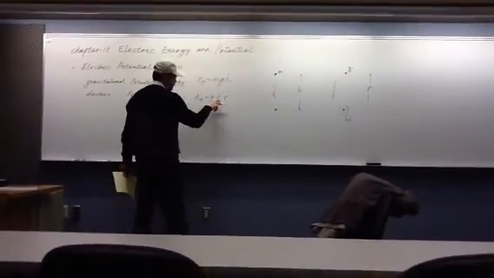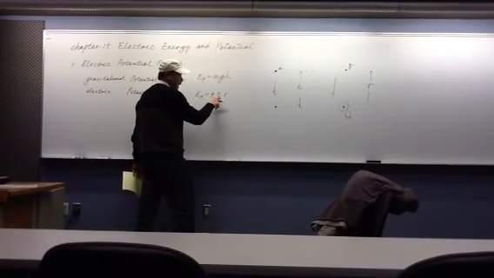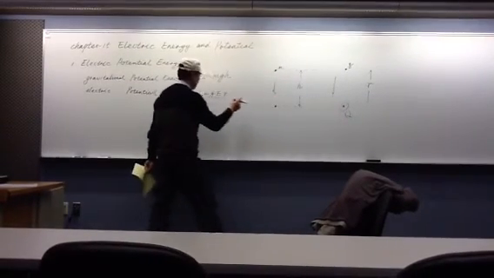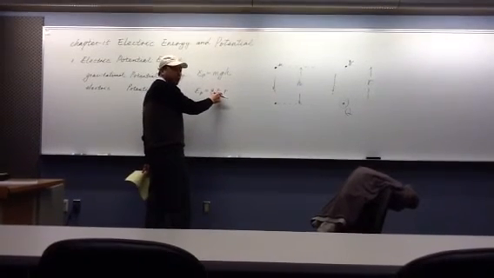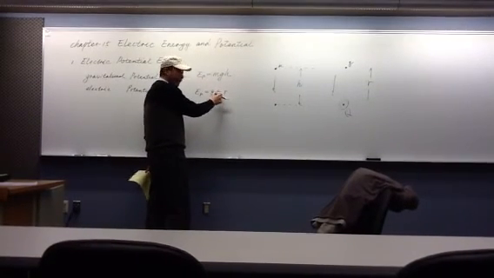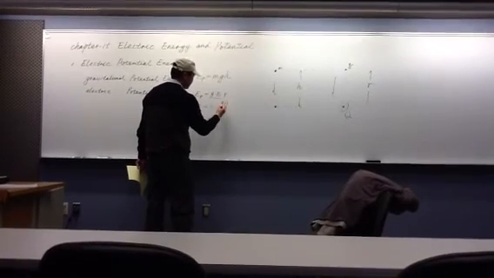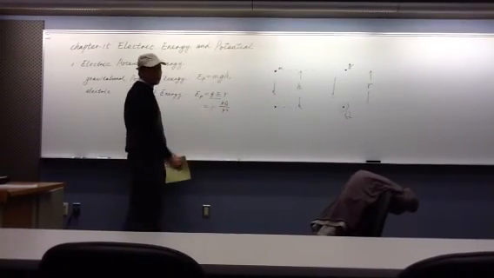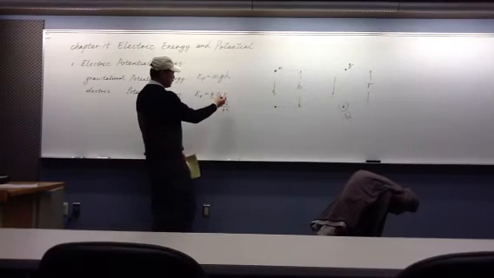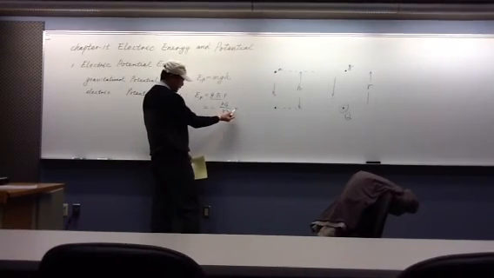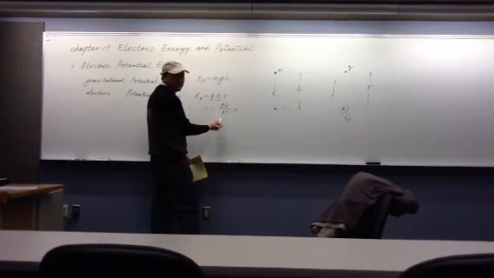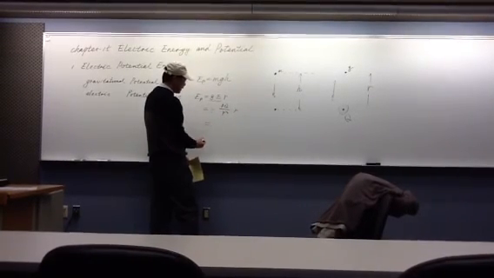Therefore, how to express this field? We suppose this is a point charge. What's the equation for the electric field of a point charge? kQ over R squared. Yes, we know that before, right? And R is here, the distance there. And I see, a good thing happened: one R cancels.